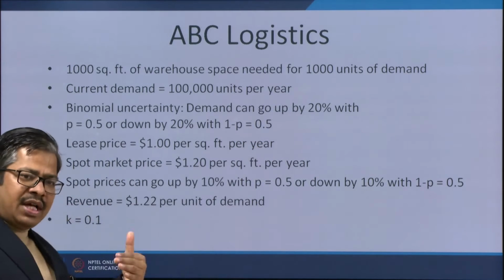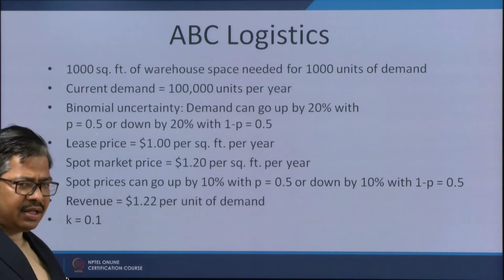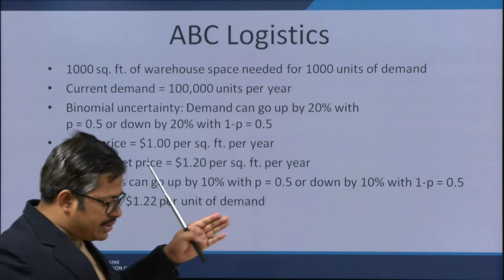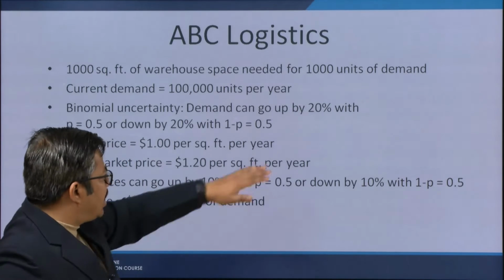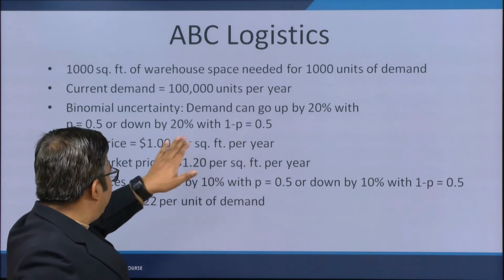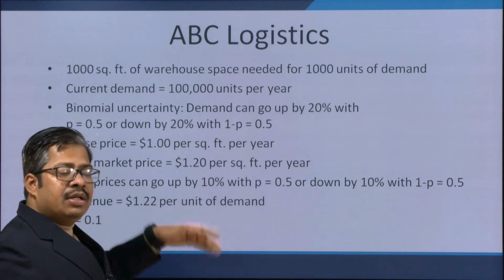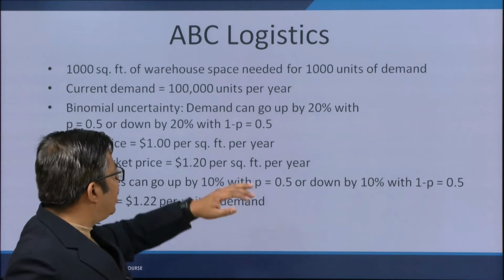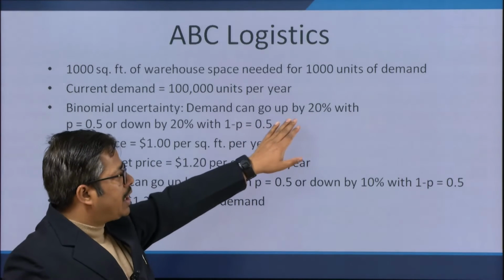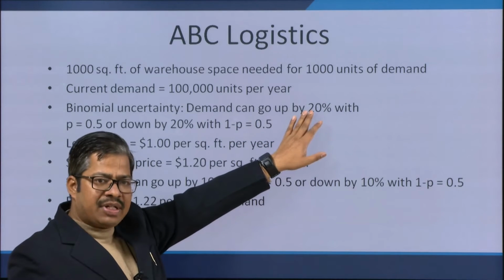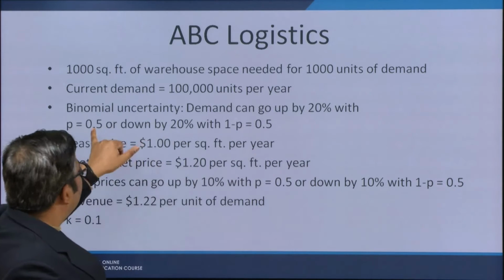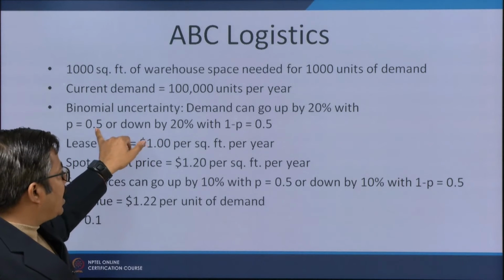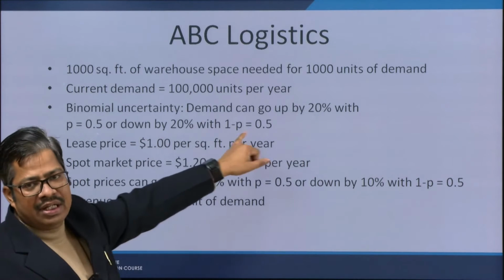So chances of increasing and decreasing are the same. Here we are taking the same values, 20% for the increase and 20% for the decrease. But in reality it can be different also. It is possible that the chance that demand can increase by 30% is 50% and demand can decrease by 10% is 50%.